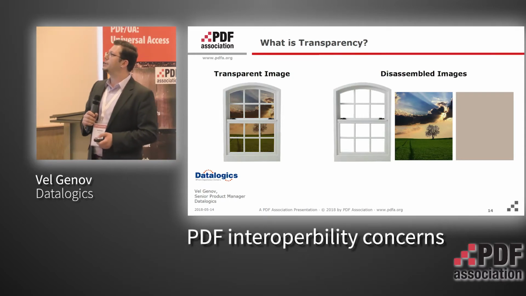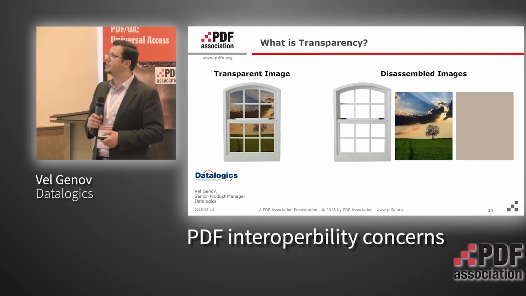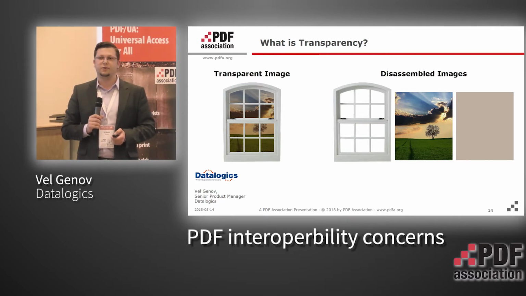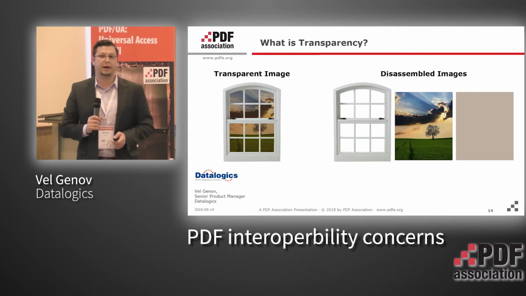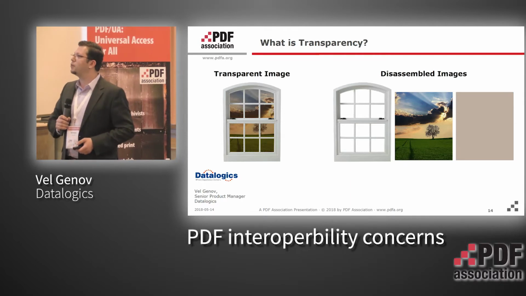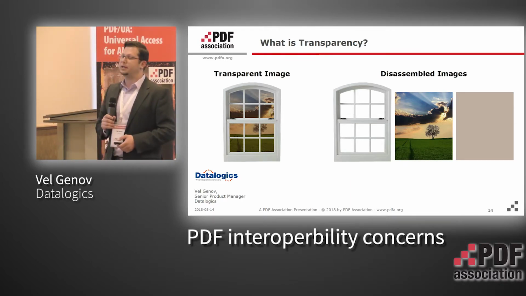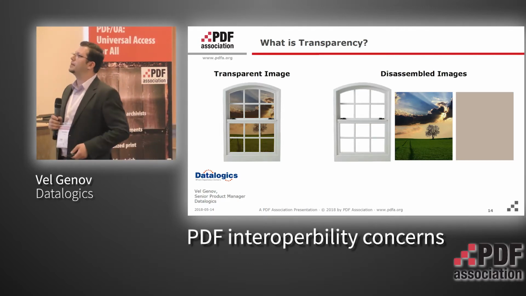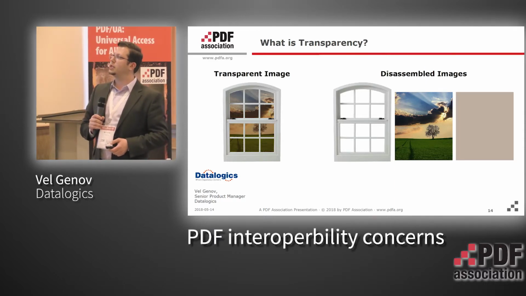So what is actually transparency? I had our marketing team put together a transparent image for me because I honestly don't do graphic design very well. I started off as a software engineer, so naturally me and graphic design don't go way back. So this is what they came up with. We have a window that is actually transparent. We have some sort of a layer that is actually transparent that goes behind it, and then at the end we have that image. That's how we come up with the image on the left.